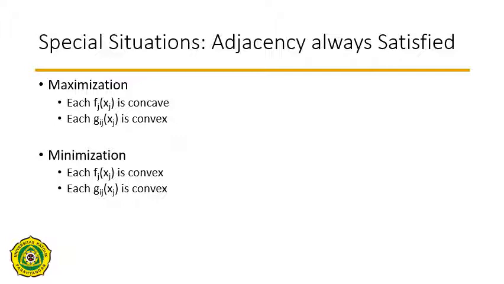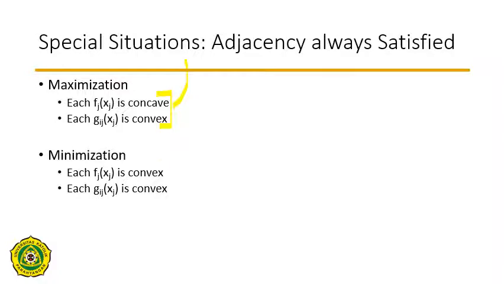However, there are some special situations where the adjacency is always satisfied. In other words, when you have these situations, you don't really need to care about those 3 points because they are always satisfied. In a maximization case, if each of your fj(xj) is concave, and each of your gij(xj) constraint is convex, then this is the special situation where adjacency is always satisfied.